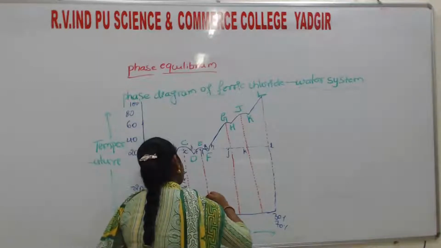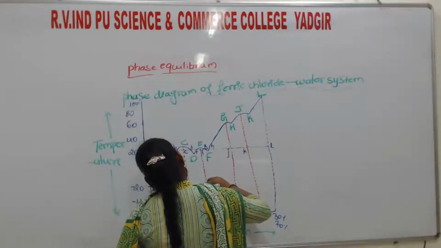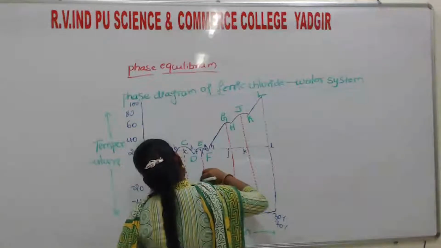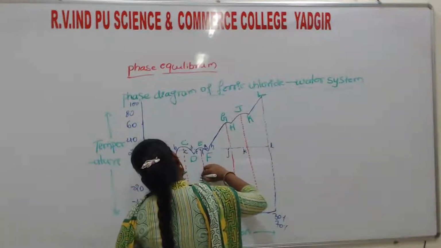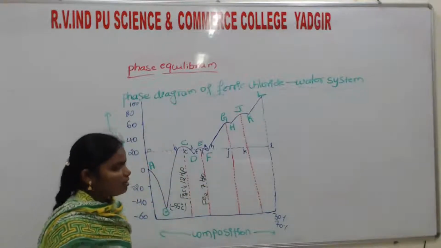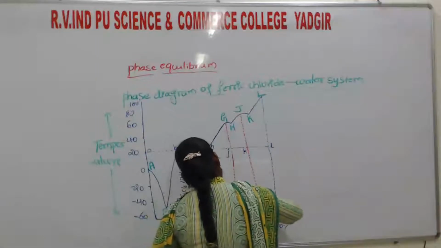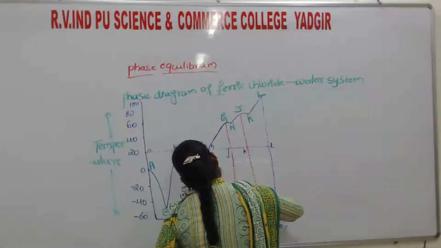This line is Fe2Cl6 7H2O, and this one is Fe2Cl6 5H2O.